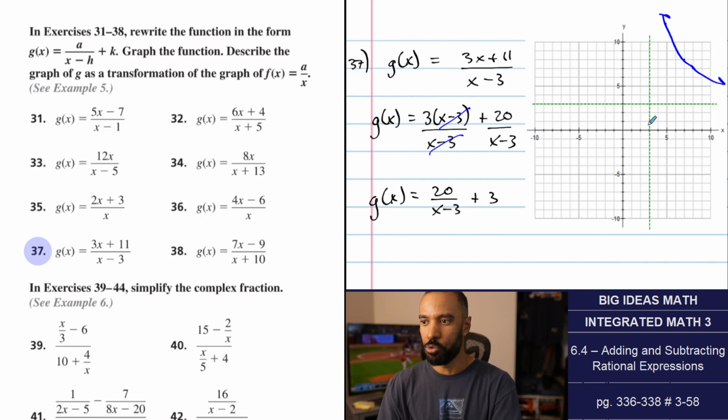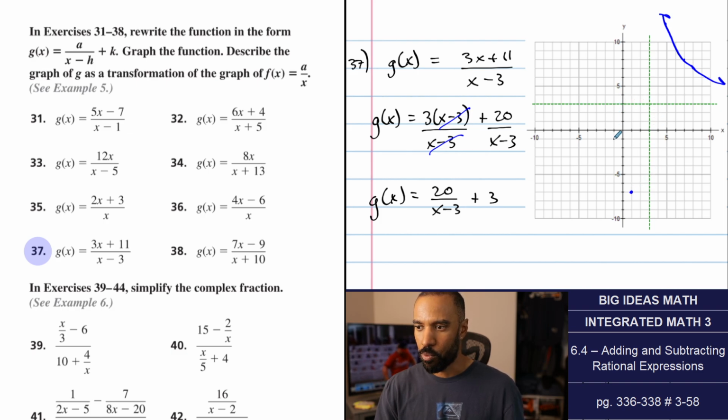This one I can fit a few more. 20 divided by 2 is 10, and 10 down from 3 is negative 7. So I can actually fit that one. And same thing with the other ones. But 3, 4 is 5, and 5 over is 4 down. And then 10 over is negative 7, and 3 down is right there, which is actually an x-intercept. No, 2 down. 2 down, not 3 down. So it's not an x-intercept. We're at that point right there.